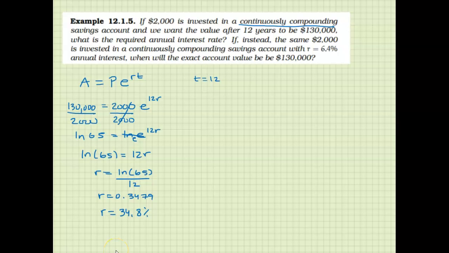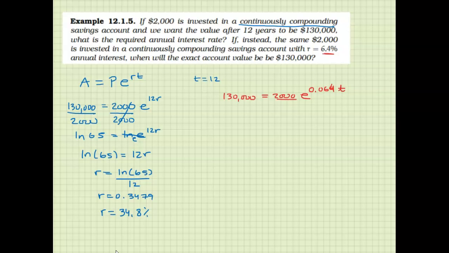So we want to see how long it will take to get to 130,000 with that interest rate. So our problem is 130,000 equals 2,000 e to the 0.064 times t. Right, so we know the r, but we're trying to find t.